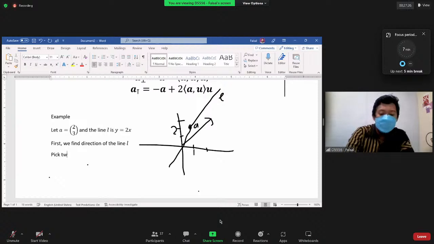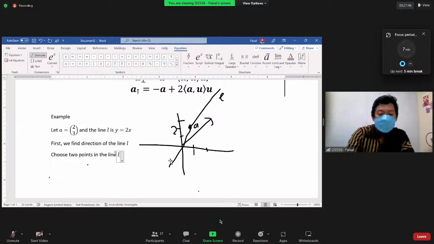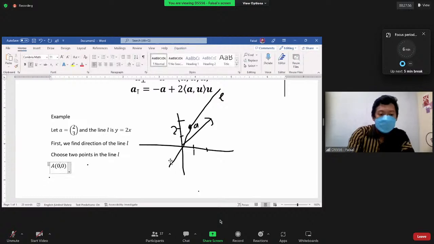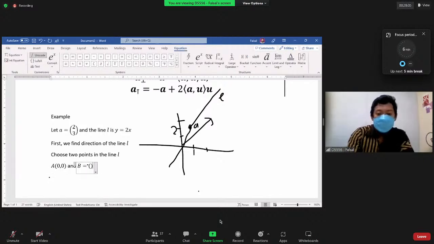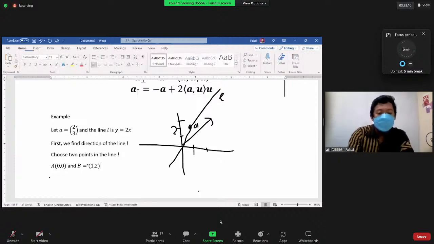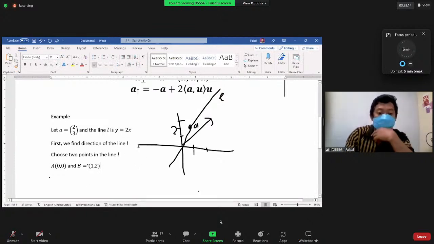Pick 2 points, choose 2 points on the line L. For example, we can choose A as the origin and B as (1, 1). So these are 2 points on the line L: A is (0, 0), the origin, and the second is (1, 1).